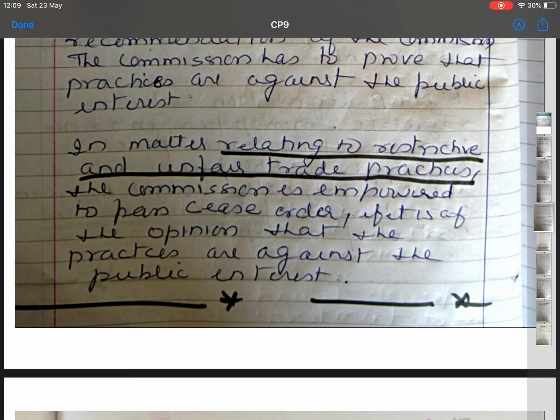Thus, the concept of public interest, which includes consumer interest, is the basis for the regulatory framework. So, public interest and consumer protection serve as the goal for evaluating the consequences of monopolies and trade practices. This is the main thing: the public interest, and controlling monopolies and their consequences on the public.